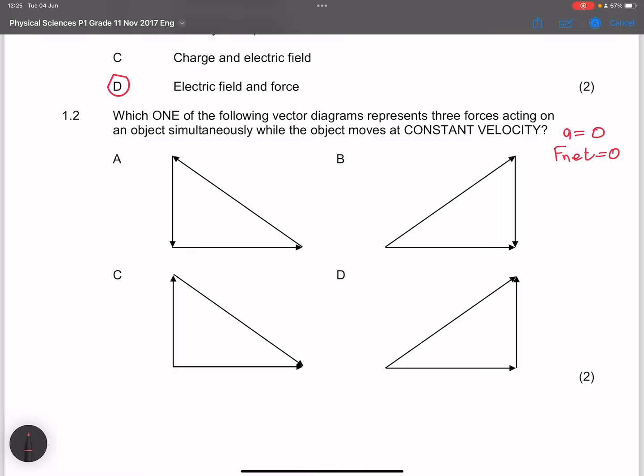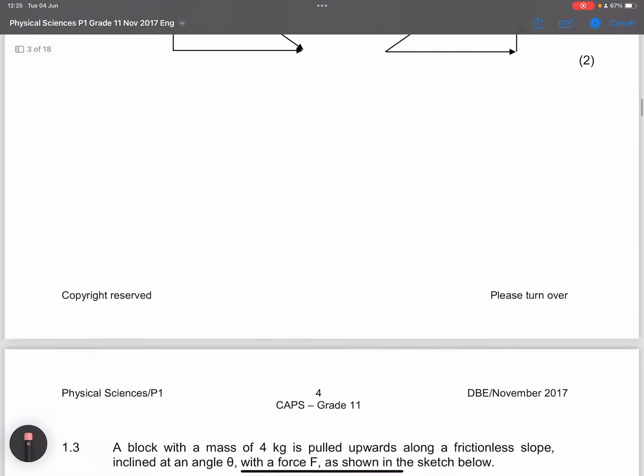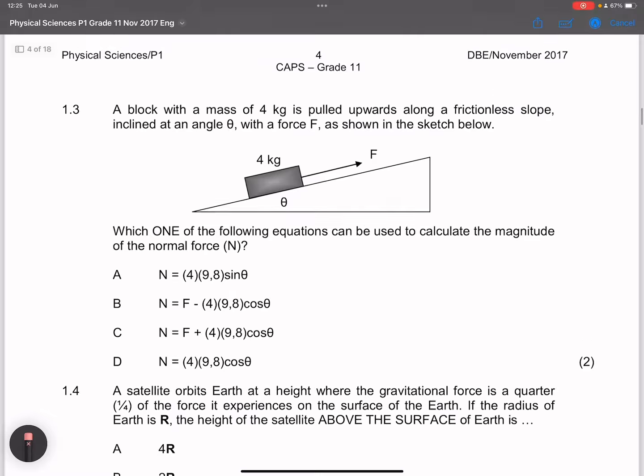So the only head to tail diagram in this case is A. Note that on all the other diagrams, you had two heads that were actually meeting at one point. So that means that that system would not be at equilibrium. Right, so let's go to the next question, guys.